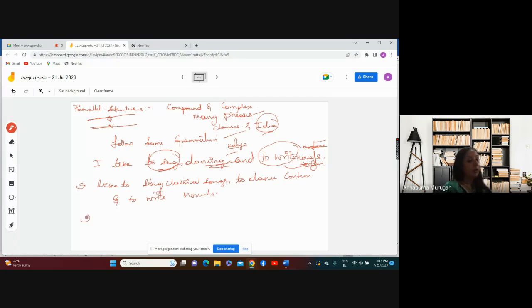Or: I like singing, dancing, and writing. See now, you people only read. You read this also, and you compare with this. Don't you think here we have breaks in conveying the idea? If we have breaks in conveying the idea, that means your sentence is not fluent, isn't it? So these things also you need to see.